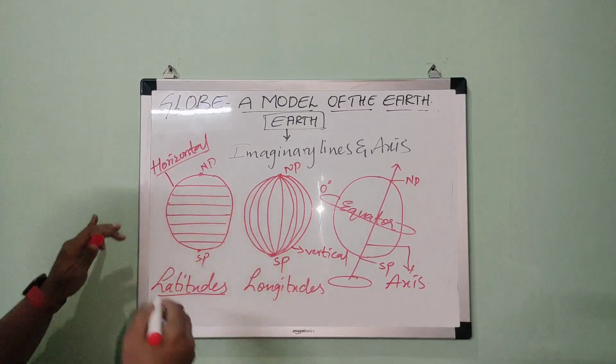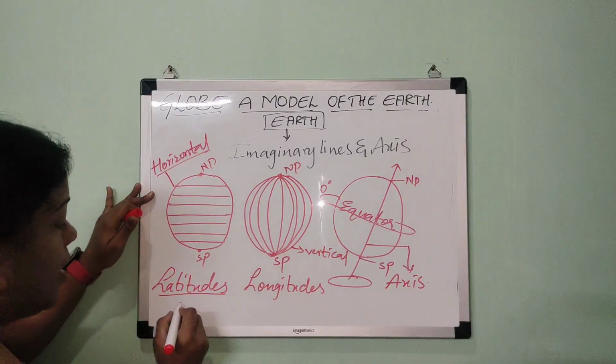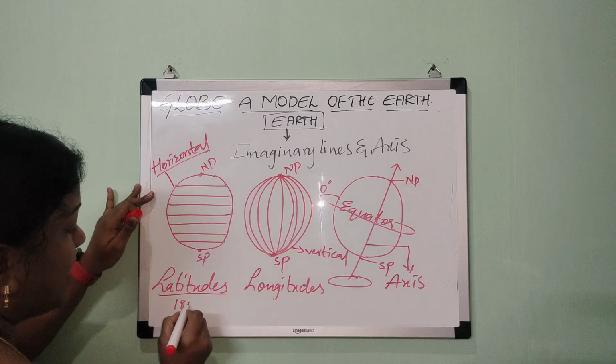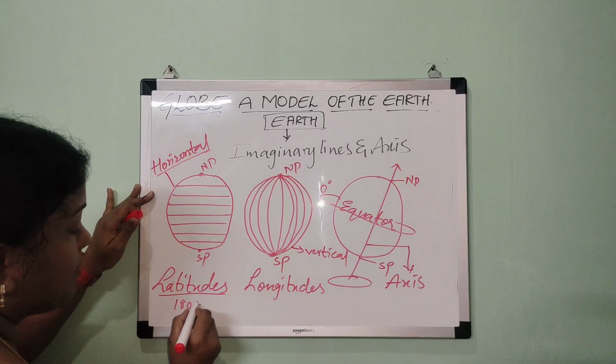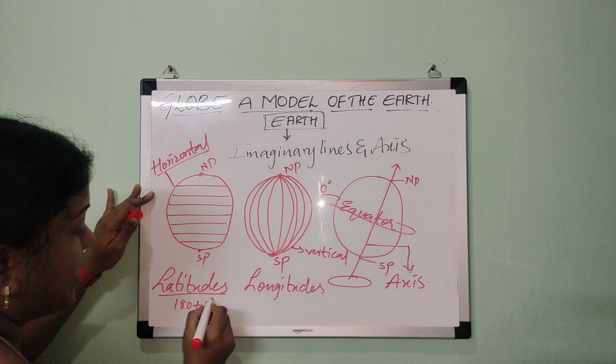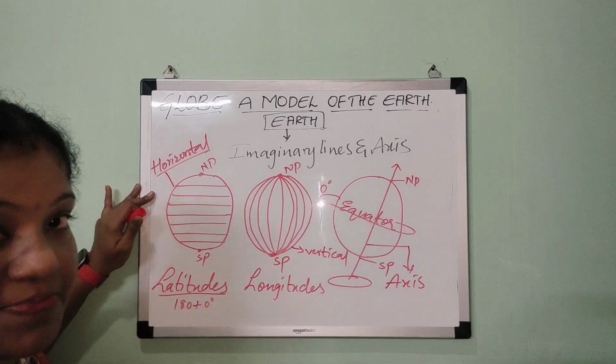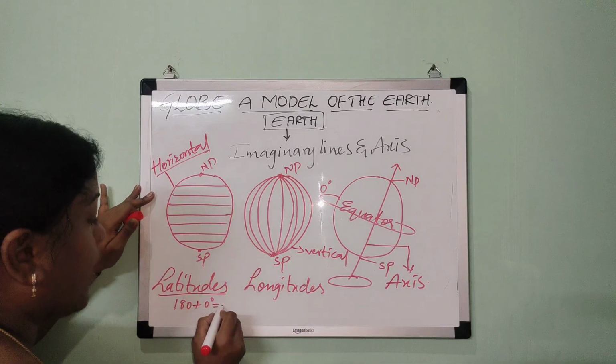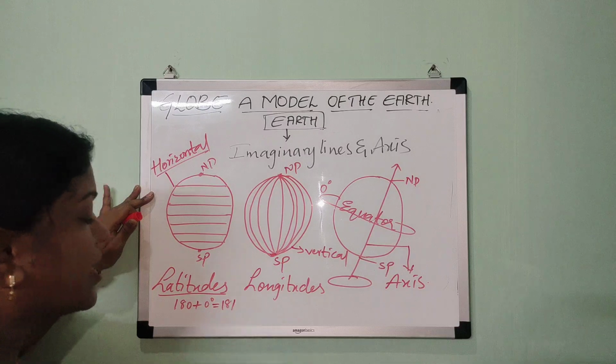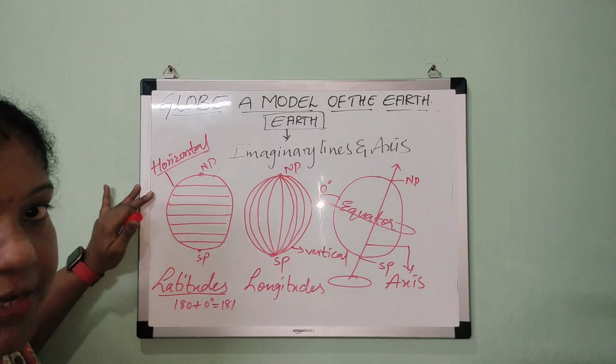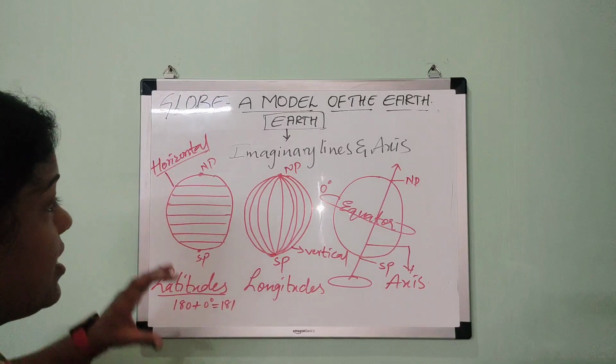How many latitudes do you actually have? 180 latitudes plus the 0 degree equator. Totally 181 latitudes you have, children. Are you clear? So how will you define latitudes?